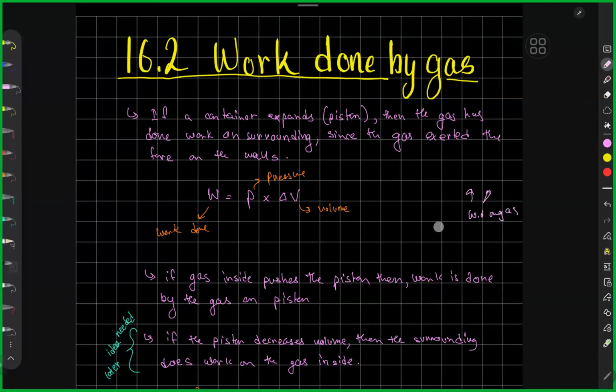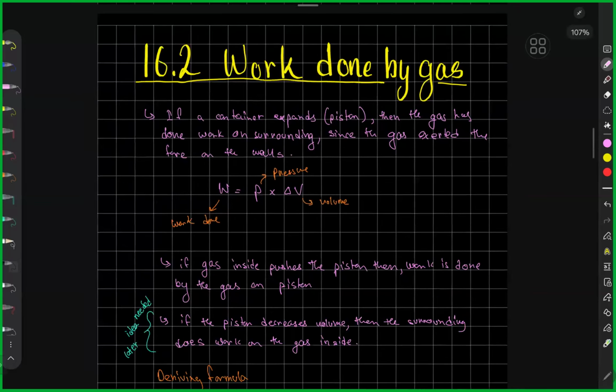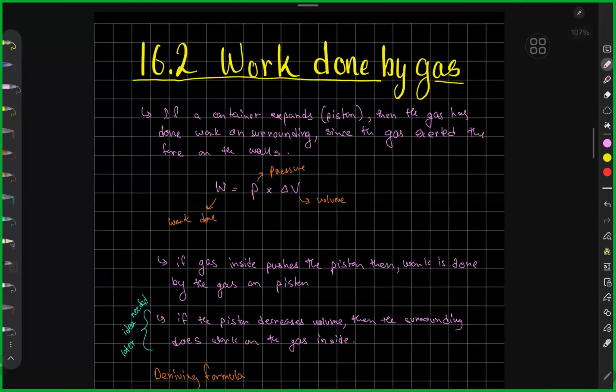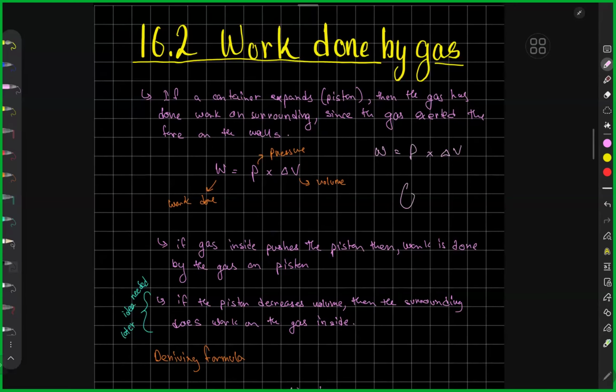Fair enough. So now, how can I express that work done on the gas or by the gas in a formula? That can be expressed very simply as pressure times change in volume, right? How would the maths look if the volume is decreasing?